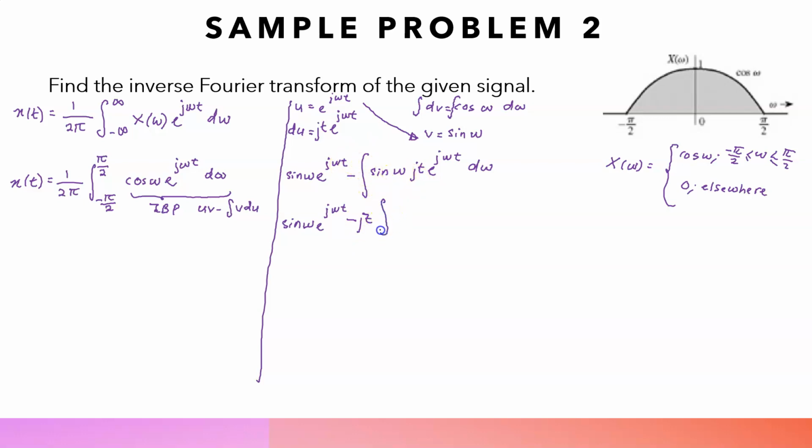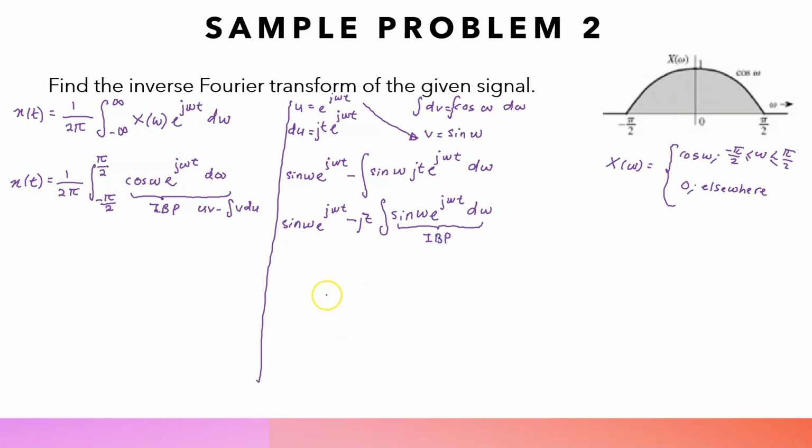So here we will be left with sine omega e^{jωt} dω. Okay, so again I want this part to be integrated using integration by parts.